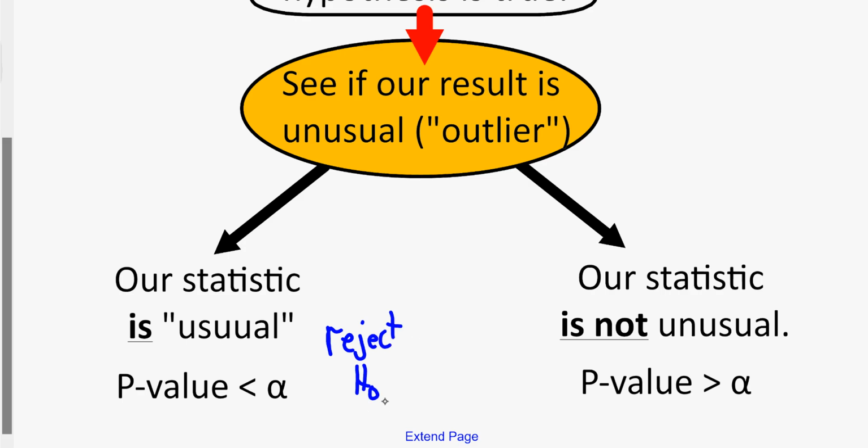If it is not unusual, that means the p-value is higher than that set alpha value, and we would fail to reject anything. We don't have evidence against the null. All right? And that is a great summary of hypothesis testing.